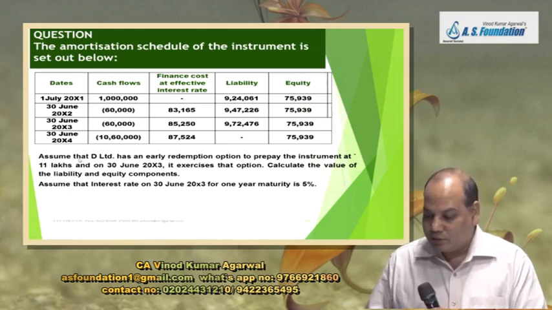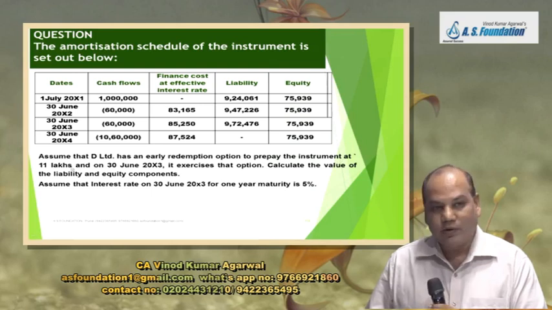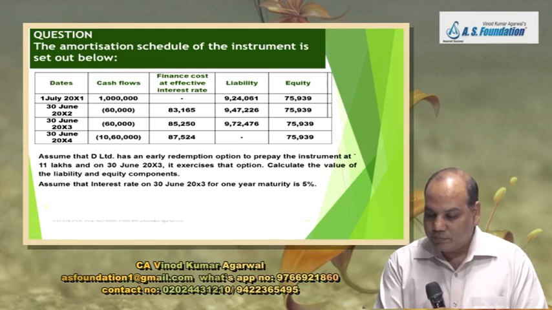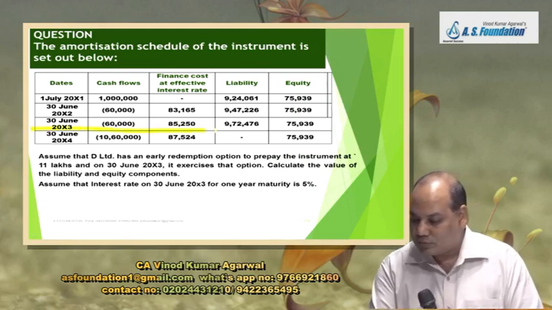But things have changed. Assume that D Limited has an early redemption option to prepay the instrument at 11 lakh on 30th June 2003. 30th June 2003 means over here, after 2 years only.